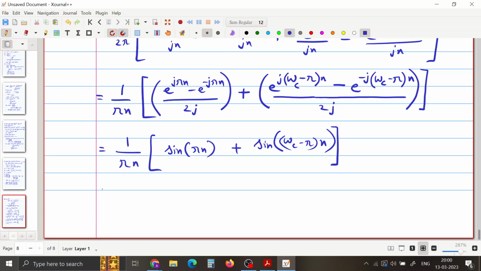So ultimately this becomes 0, and for the second term I can use the sine a minus b formula. Which is what? Sine A cos B minus cos A sin B. Correct.